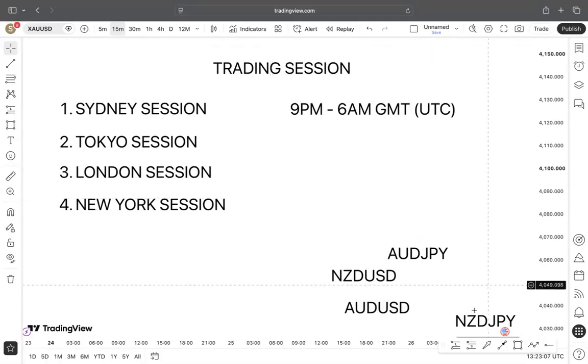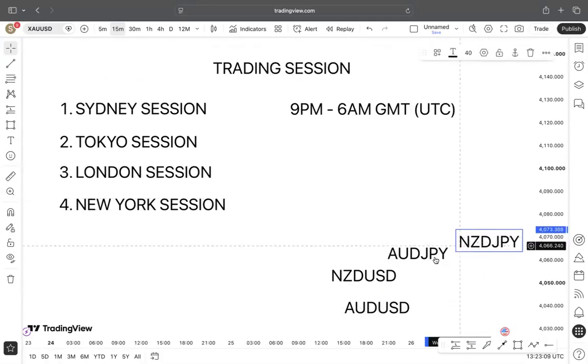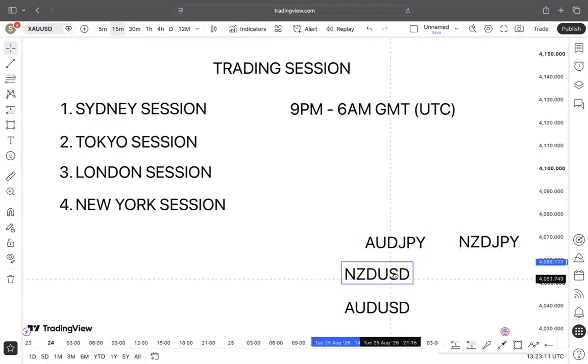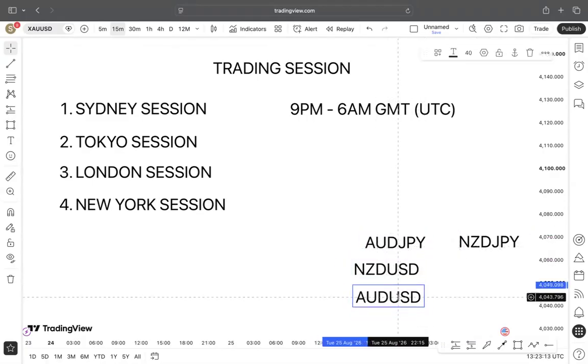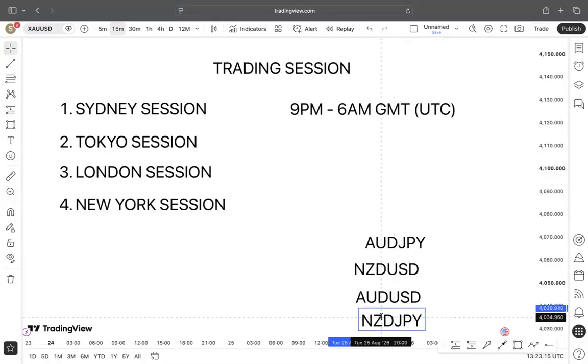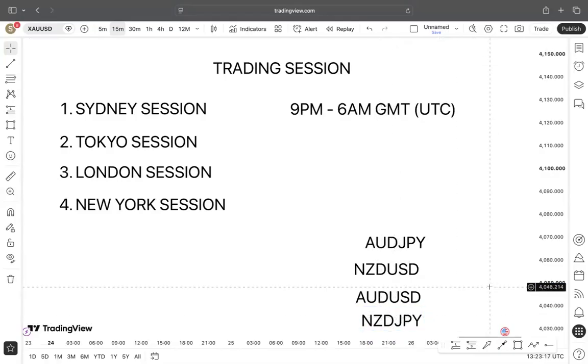So most JPY pairs are active during this session. And it marks the beginning of the trading week, so on Monday, it is the Sydney session that opens first.